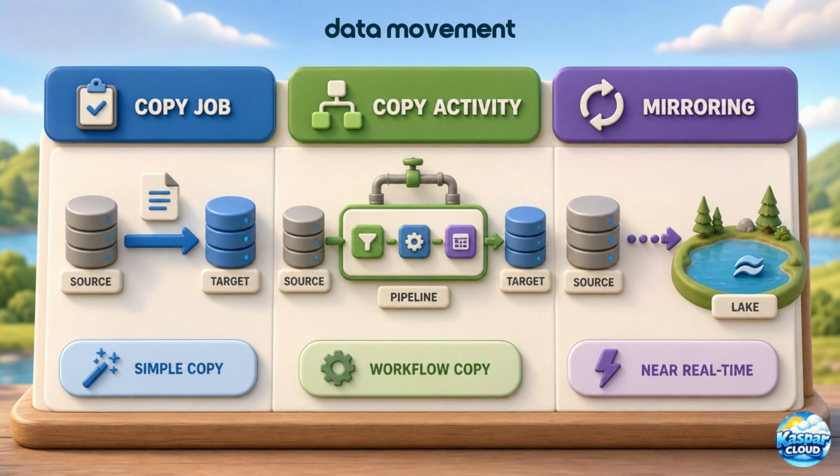Copy activity is used inside pipelines when data movement must be part of a larger workflow with orchestration, validation, branching, or downstream processing. Mirroring creates near real-time replicas of supported operational data into OneLake, reducing hand-built ETL complexity for certain analytic scenarios. These options allow teams to choose the right movement approach based on freshness, complexity, control, and operational requirements.